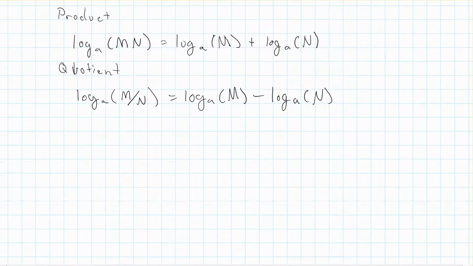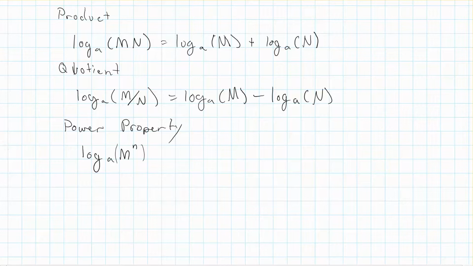And then we had the power property, and this was if we had the log base a of capital M to the little n power, and you can put it in parentheses if you want to.